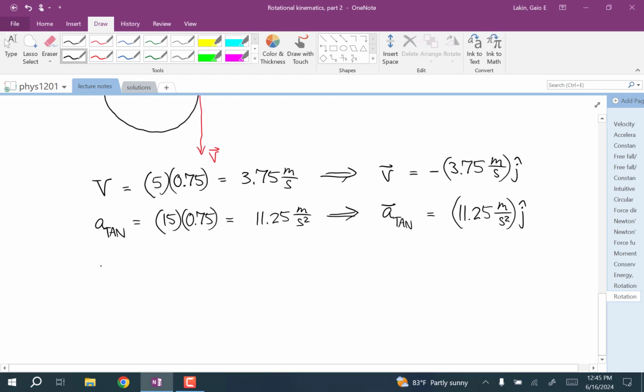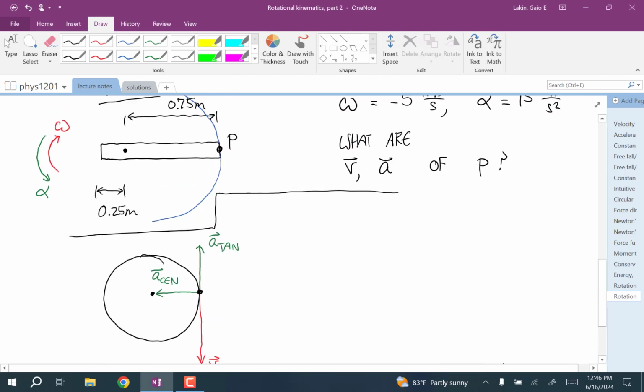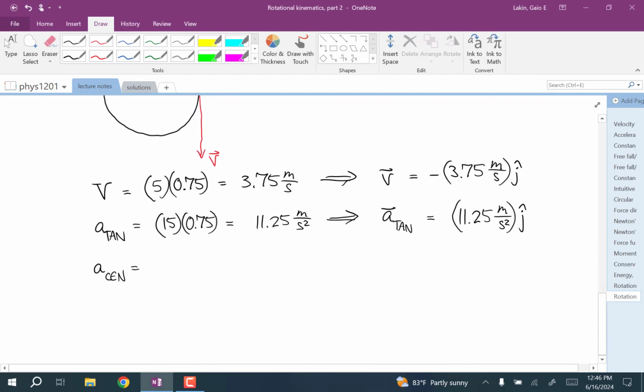And now the centripetal acceleration. We could use v squared over r with this 3.75, or we could use omega squared times r with 5. So I'll use that one.